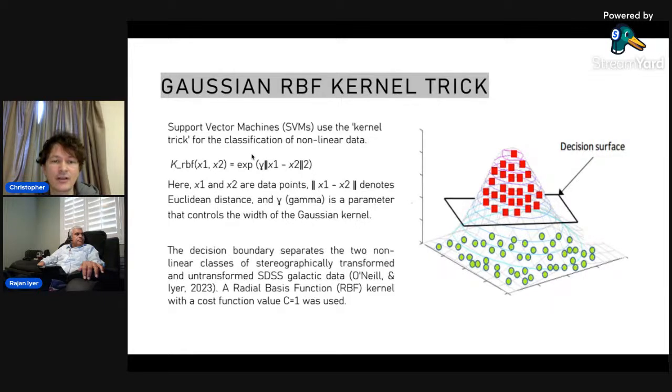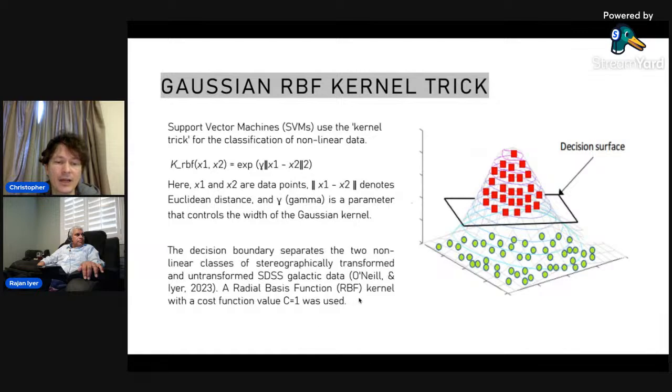Particularly, the kernel trick is used for the classification of nonlinear data, which in our case is useful because we have the untransformed galaxies and the transformed galaxies. So we want to know where the decision boundary is between those two classifications. And it's nonlinear, obviously, so that's why we need this kernel trick.